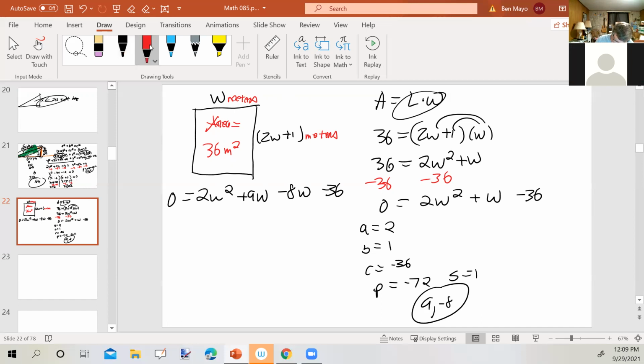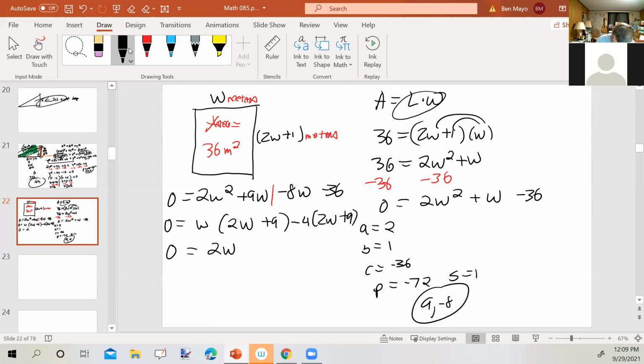Okay. Factoring by grouping, it's going to be W and then 2W plus 9, and this is going to be 2W plus 9, and this is going to be a minus 4. So 0 equals 2W plus 9 times W minus 4.